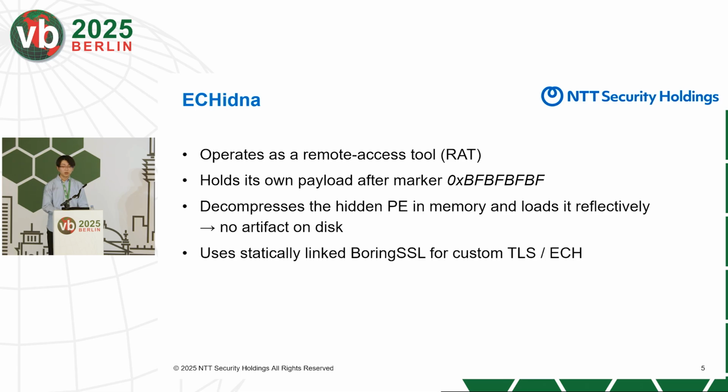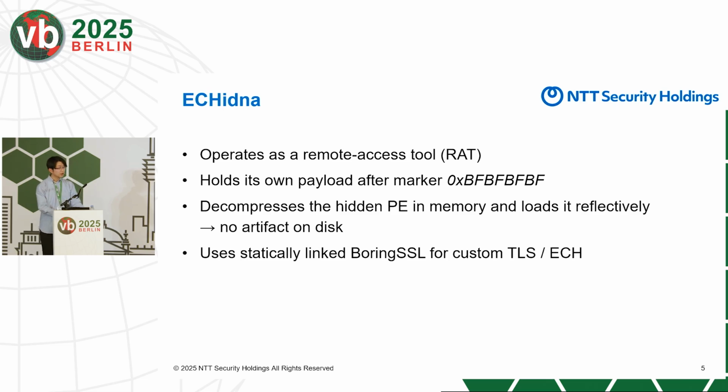Everything after that marker is a second hidden PE file. At runtime, ECHidna uses the Xpress algorithm to unpack this PE straight into memory and runs it from there, so nothing is written to disk. Regular file scans can miss it.